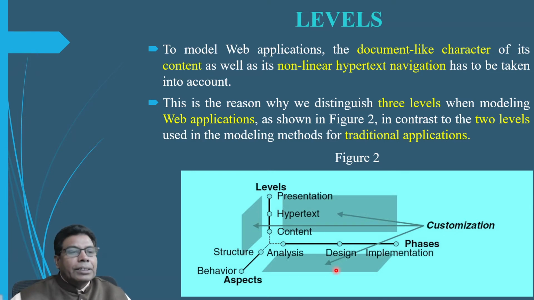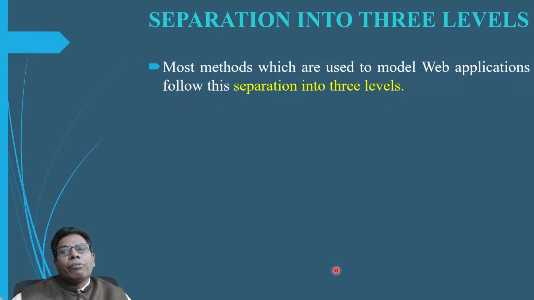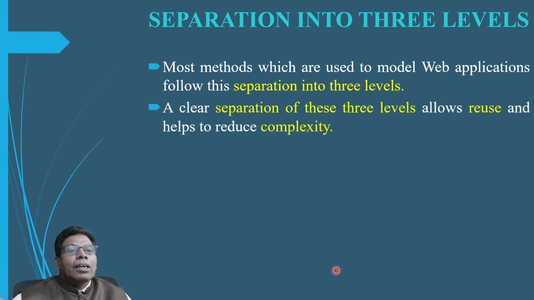Then let us go to the next: separation into three levels. So most methods which are used to model web applications follow this separation into three levels. So a clear separation of these three levels allows reuse and helps to reduce complexity. So when we are separating the levels into these three levels, that is the content, hypertext, and presentation, then we can have the reusability, this concept.